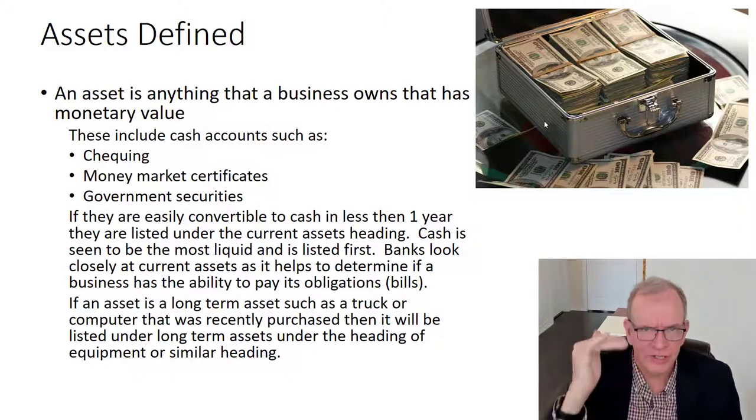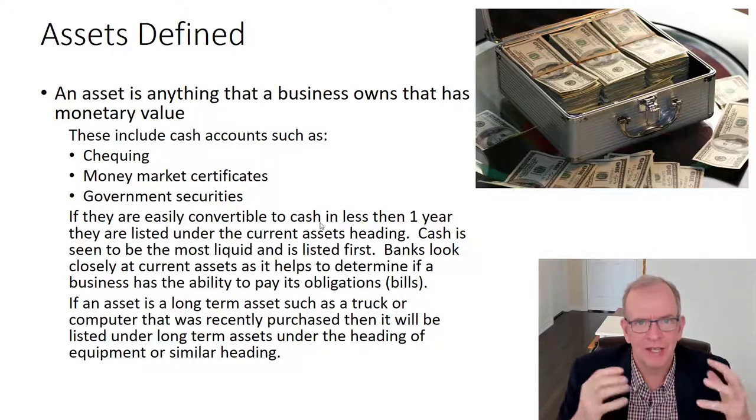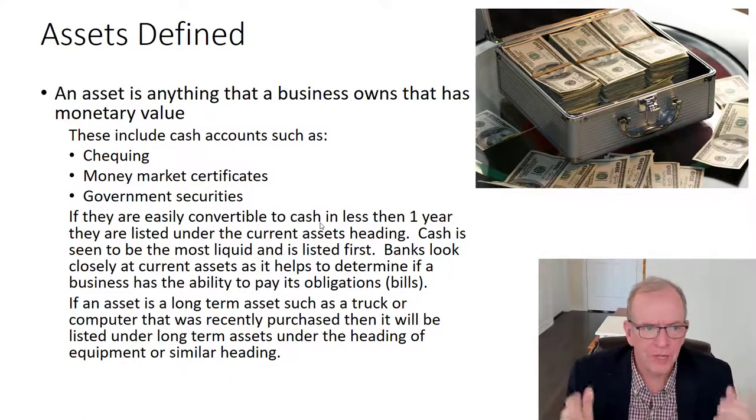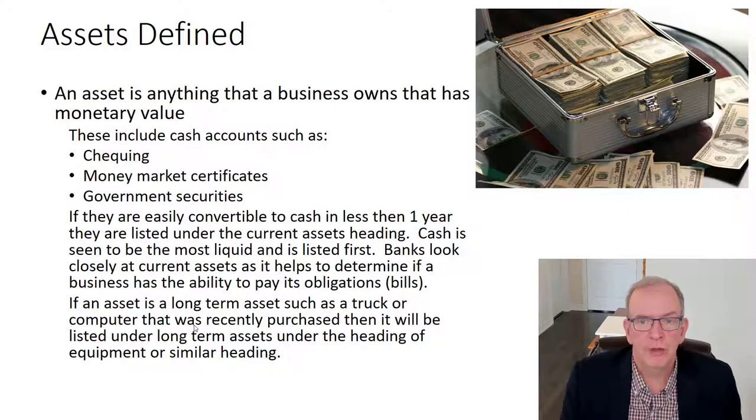Electronic cash is fine. It doesn't have to be obviously physical cash, but if we've got it in a bank account where we can easily move it around, that's what we need, right? So when I say cash, that's what I really mean: in a bank account, where it's easy to pay a bill electronically, very smooth that way. If it's a truck, it's not got the same kind of value attached to it.